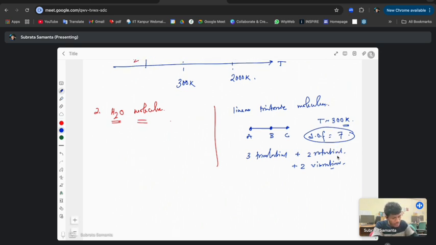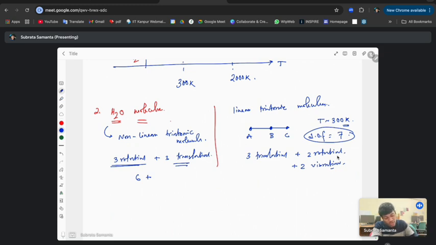But if you consider H2O, this is a non-linear triatomic molecule. In this case there are 3 rotational and 3 translational, so a total of 6, plus 3 vibrational.